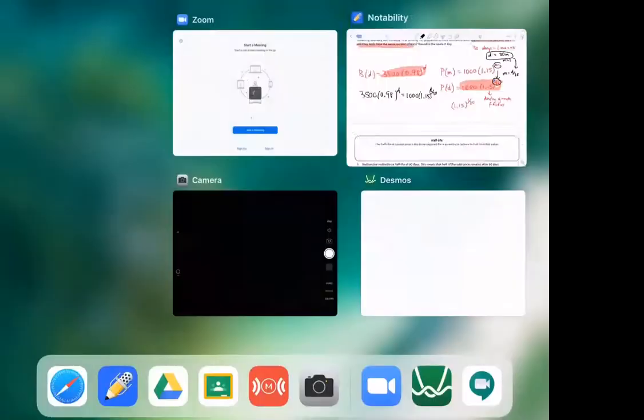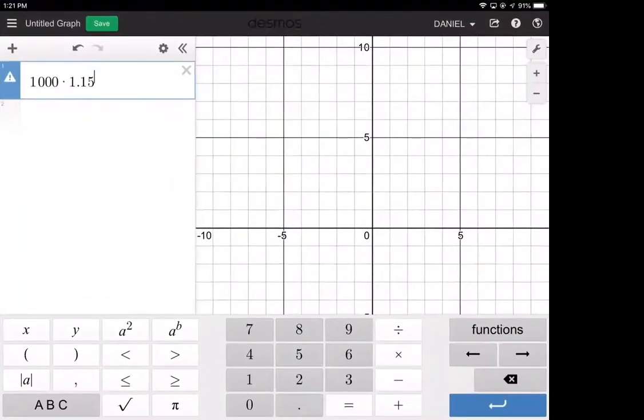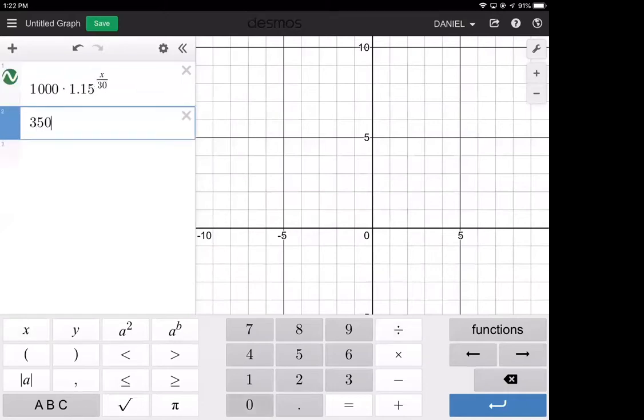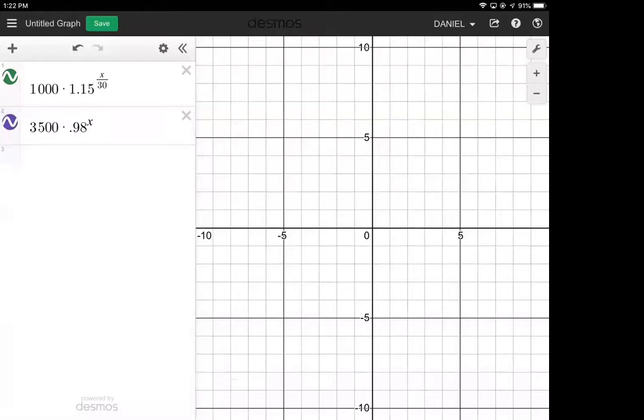It was D over 30. To the X over 30th power. And the other one was 3,500 times 0.98. It was decreasing by 2% each time. And that was just to the X power, where X was the number of days.